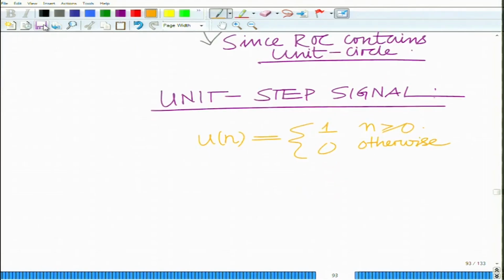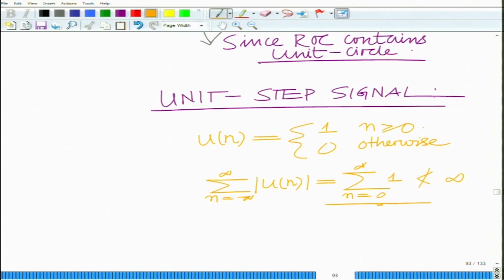Now, this sequence you can see is not absolutely summable: summation n equals minus infinity to infinity of magnitude u n equals summation n equals 0 to infinity of 1, which is not a finite quantity.